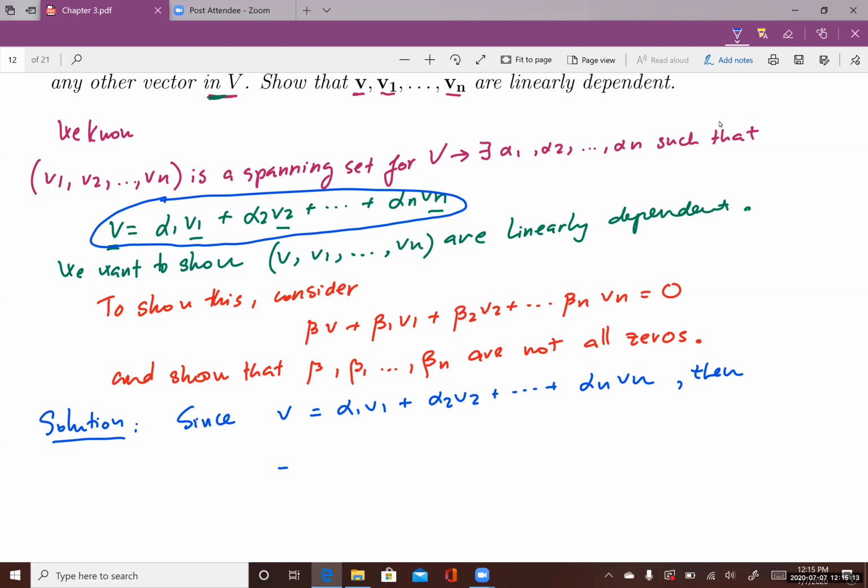I move everything to one side, so I have v minus alpha 1 v1 minus alpha 2 v2 minus alpha n vn equals 0.